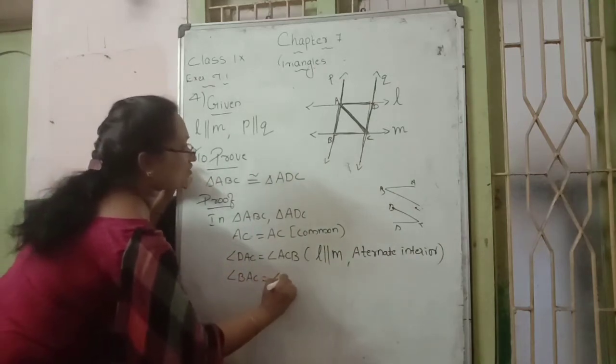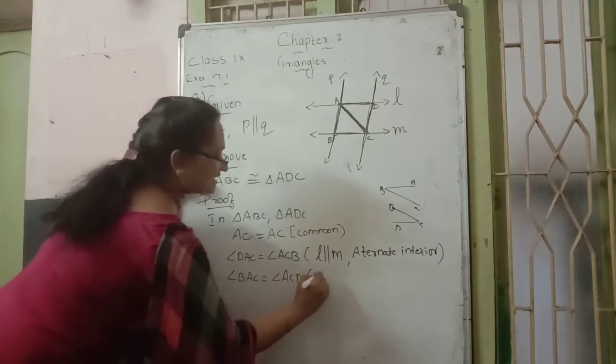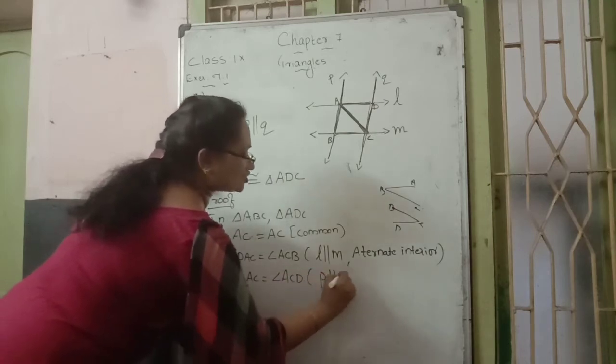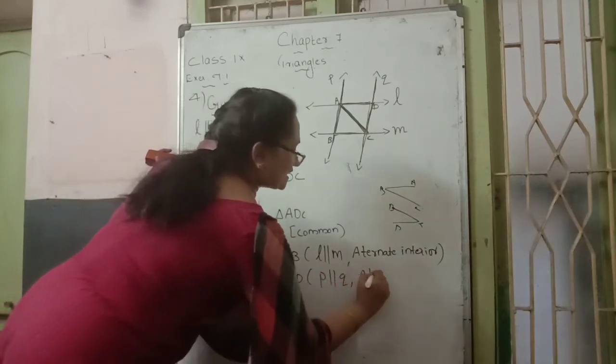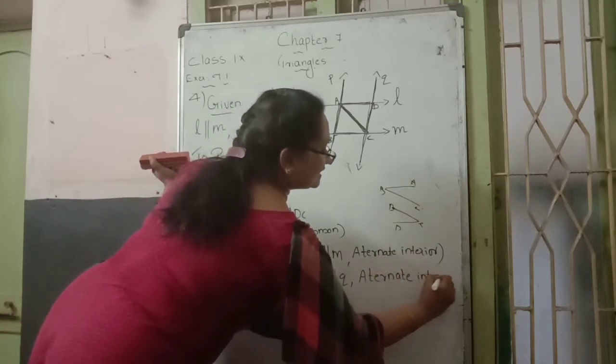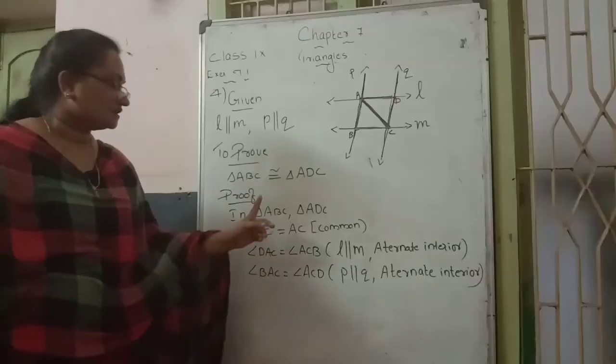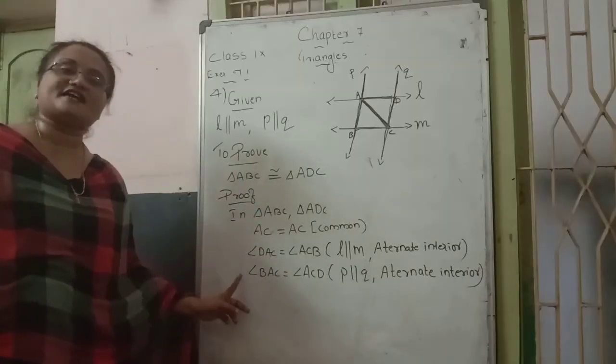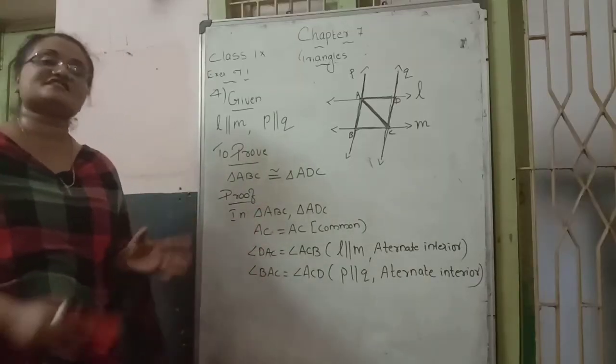Angle BAC is equal to angle ACD. Reason: P is parallel to Q and they make alternate interior angles. One side and two angles we get. We completed these three conditions.